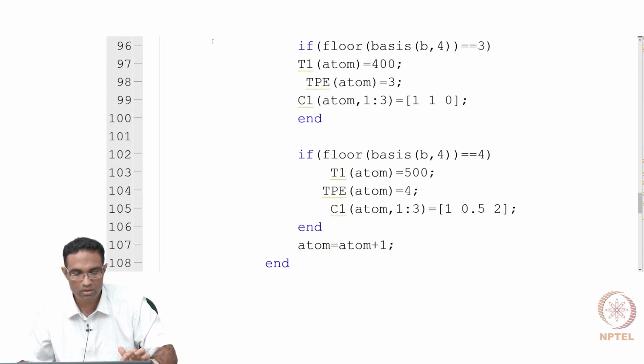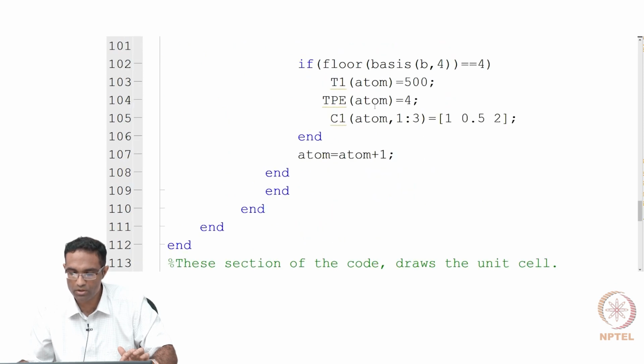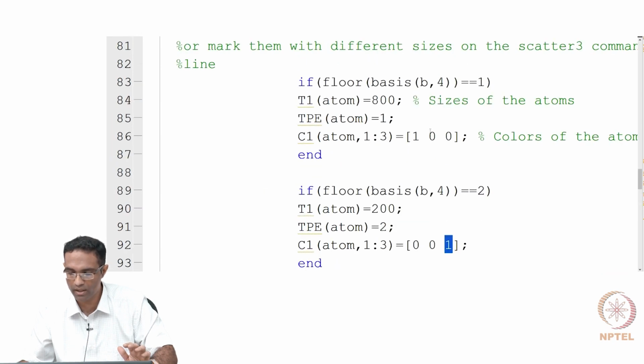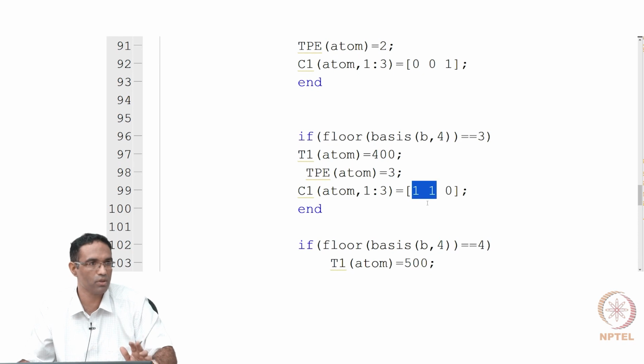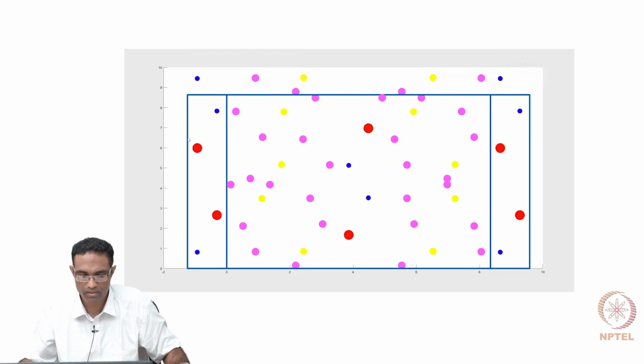The third one is the silicon, and then the remaining ones are oxygen. 4 is oxygen, which is not the red, not the blue, and I don't know these two colors. If you put one here, I don't know what color it turns out to, but you can find it out easily. This one is definitely the calcium.